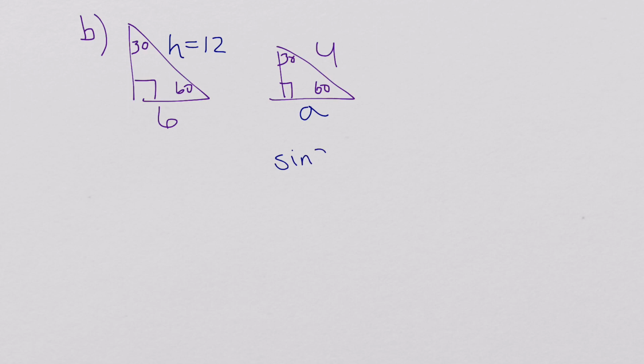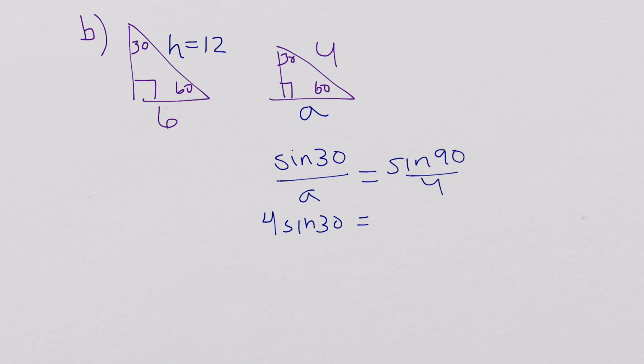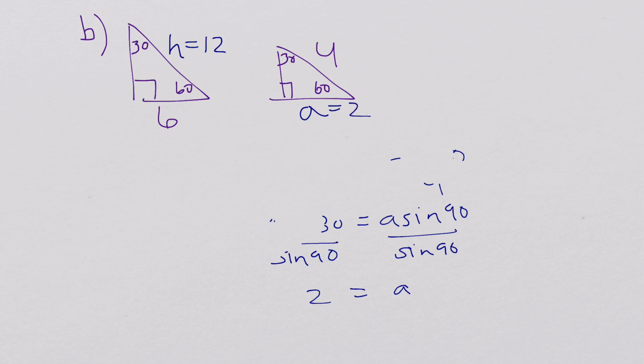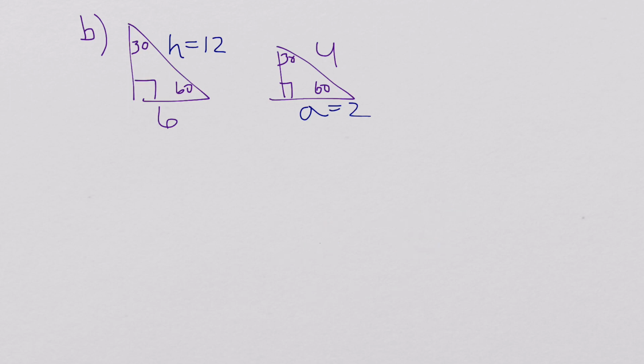Sine of 30 over A equals sine of 90 over 4. Cross multiply. 4 sine 30 equals A sine 90. Divide both sides by sine 90, sorry. And I have that A equals 2. So now I know that A equals 2. Erase some more, because I love erasing.